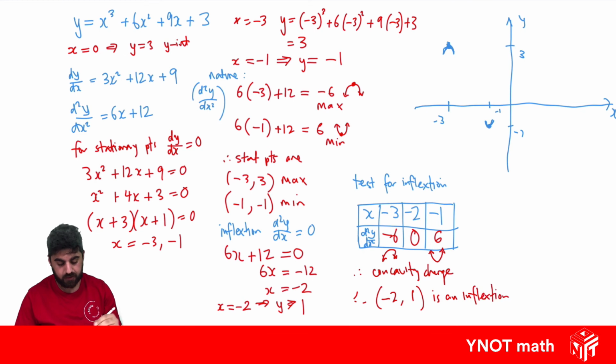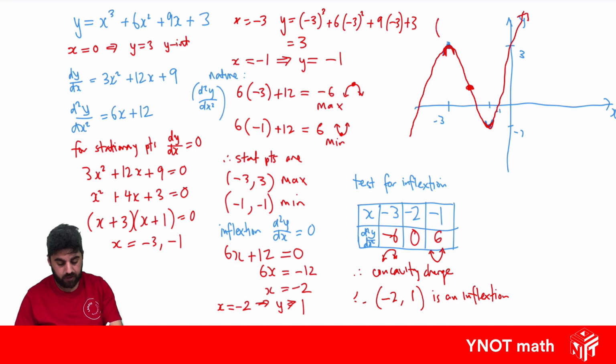Let's go ahead and graph all of that now. We know we've got our maximum turning point up there and our minimum up there, so it must be doing something like this, coming back around, and we have the y-intercept of 3, so it has to go through there. Our inflection point was at minus 2, 1, which is somewhere about there.